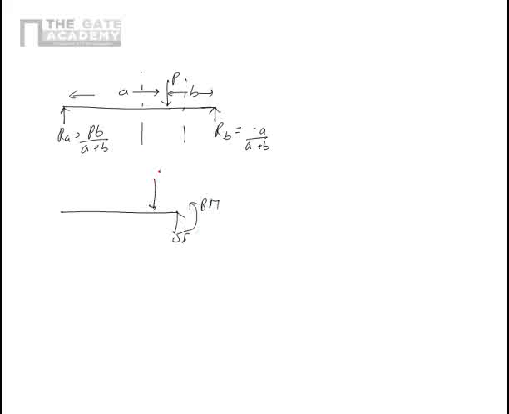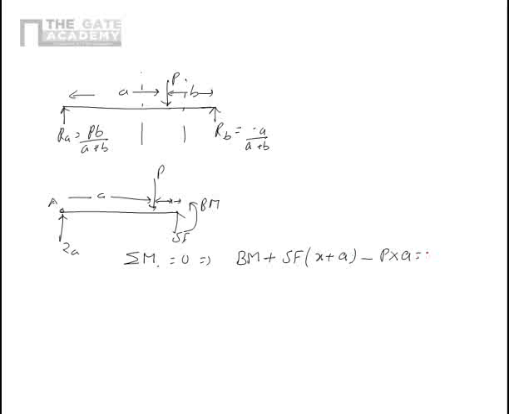I have the P applied here, and this is X, and this is A, and this is RA. So the summation of M at point A is 0 will give me BM plus SF into X plus A minus P into A is equal to 0.